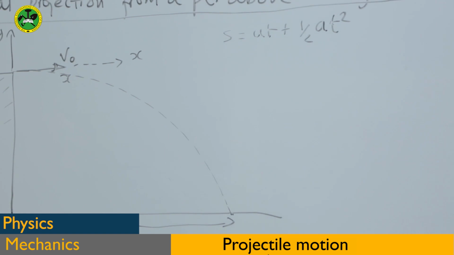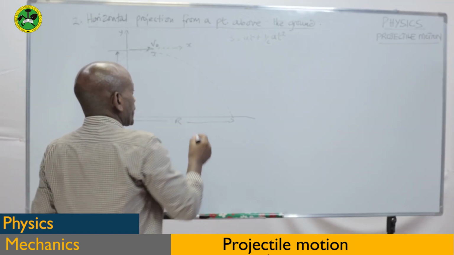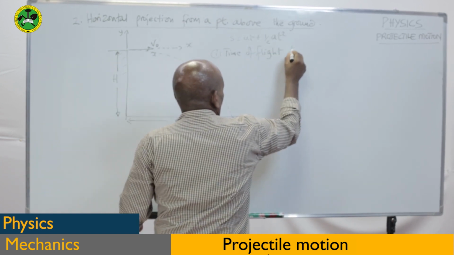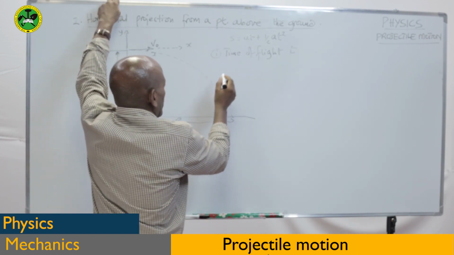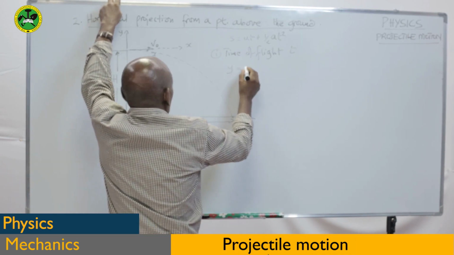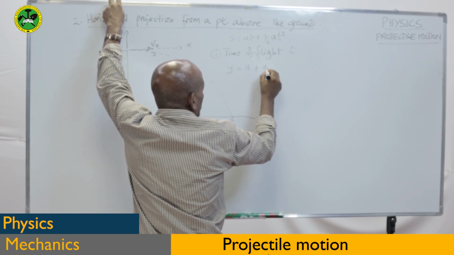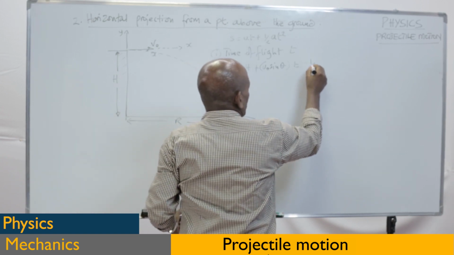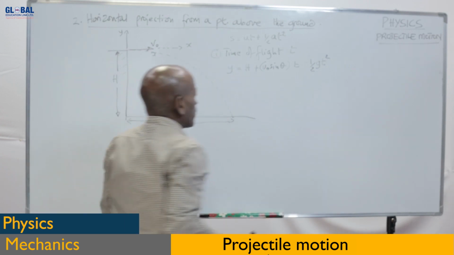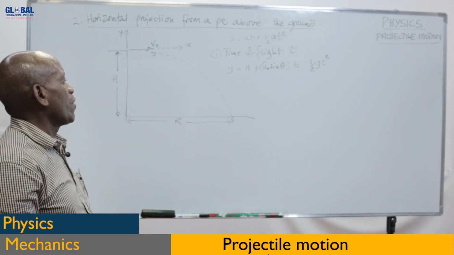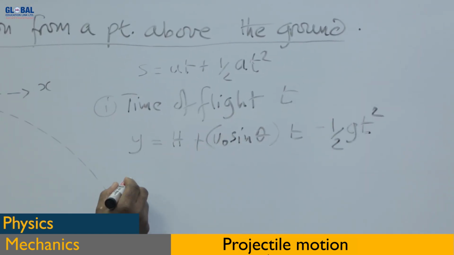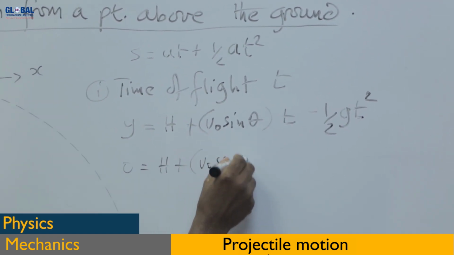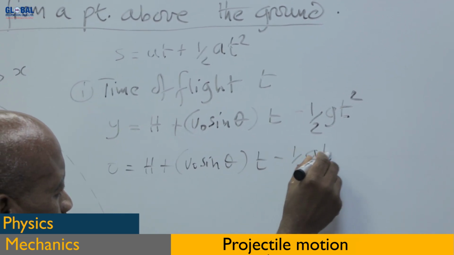Whenever we are looking for the time of flight, we can use that equation, where y will be equal to h plus v naught sin theta times t minus a half times gt squared, and y will be equal to 0.